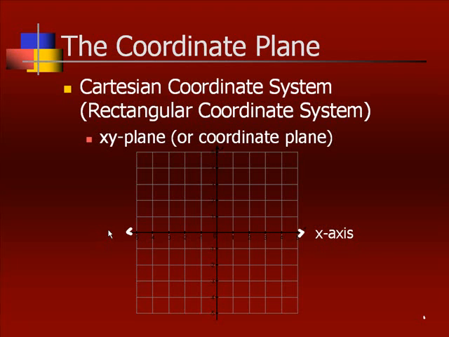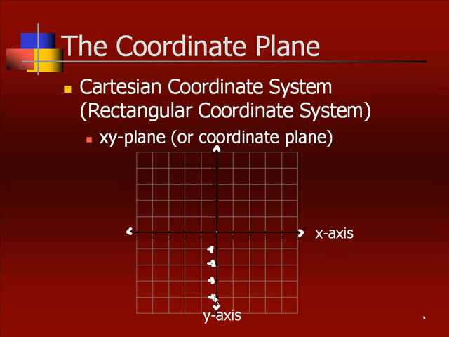So that is what we refer to as the x-axis. We also have the y-axis. The y-axis is this vertical line going up and down. Same thing, 0's in the middle. Your positives go up, just like a ladder would. Your negatives go down. There's -1, -2, -3.